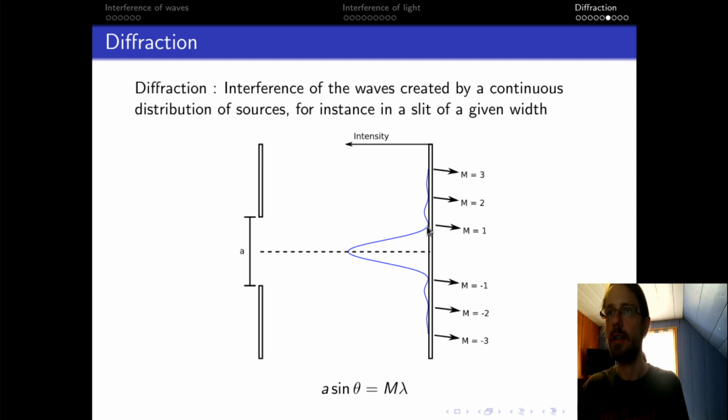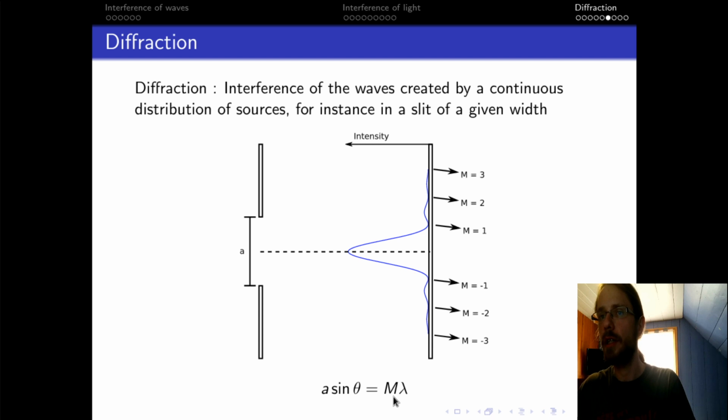The first one in the top half of the screen has an index of m equal +1, the other +2, the other +3. And in the bottom part, the first one is m equal -1, the other -2, the other -3. The value m equals 0 is not allowed because of this.